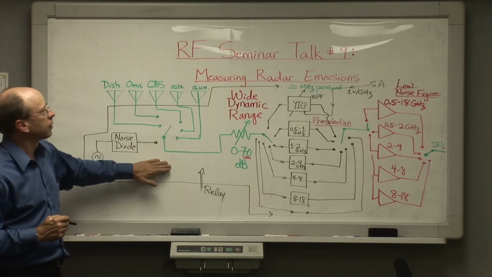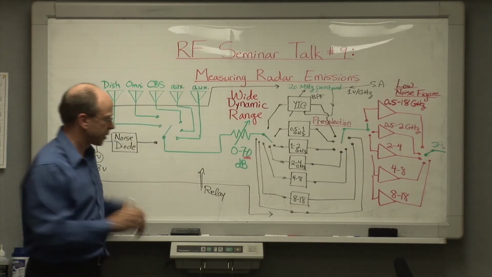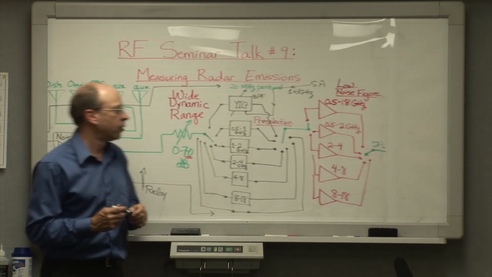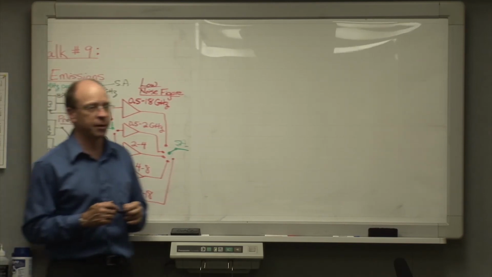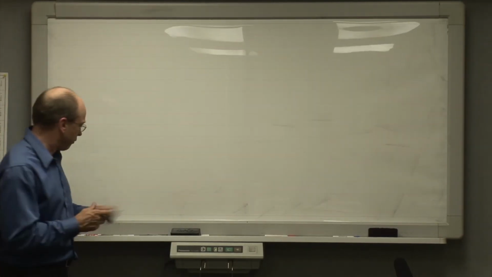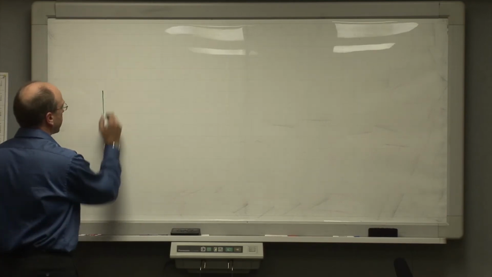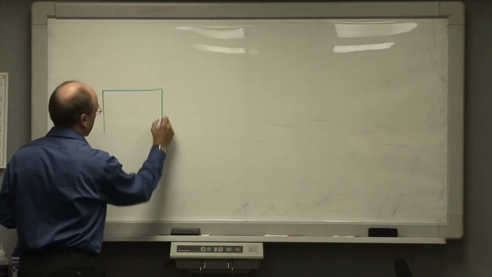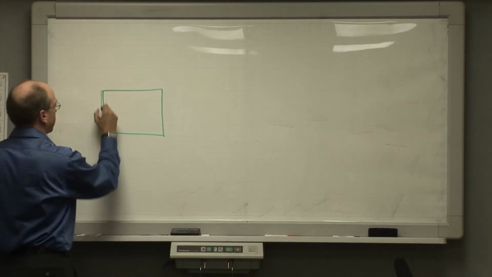One other thing that I want to talk about before we actually go ahead and measure radar emission as part of the lab session is how, when we're in a field location, we would actually position our measurement system, what we would actually do. Typically when we're working in a field location, we're working with a measurement system that is configured inside an RF shielded box, which I'm going to draw like this.